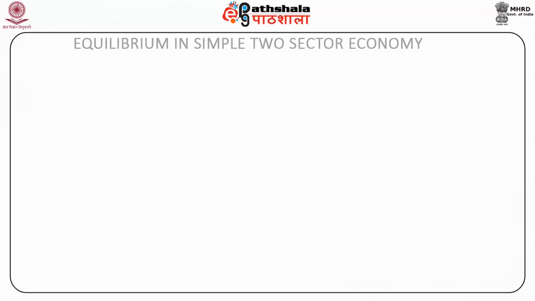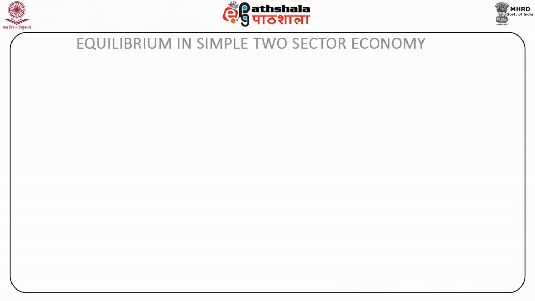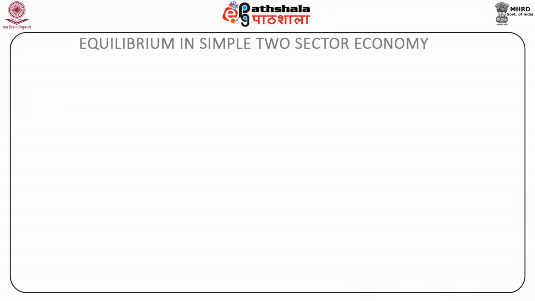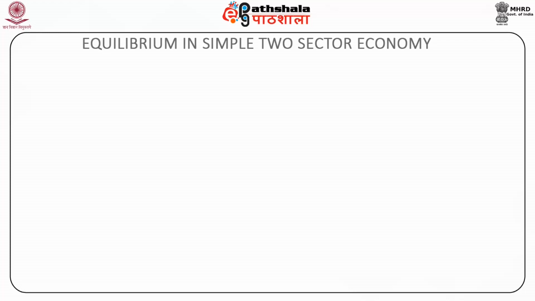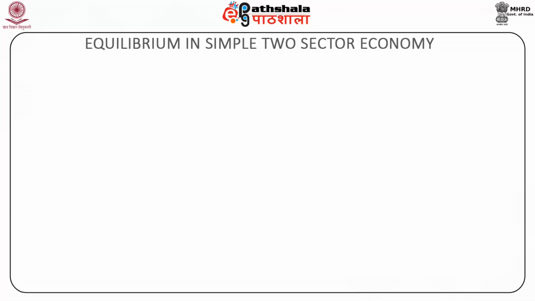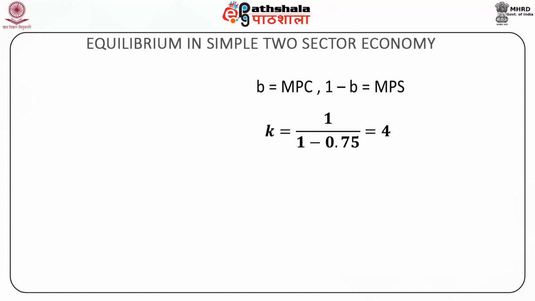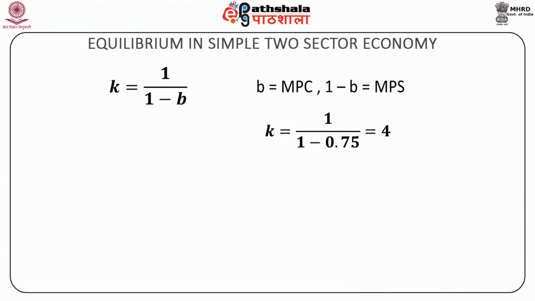It can also be written as 1 divided by MPS, where MPS is the marginal propensity to save. Therefore, for the discussed example, K = 1/(1 - 0.75) = 1/0.25 = 4.